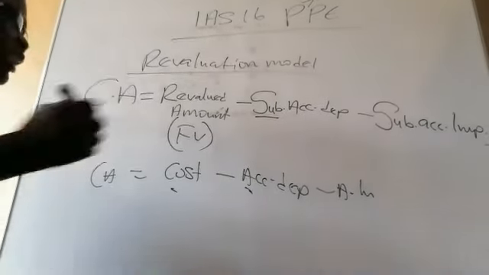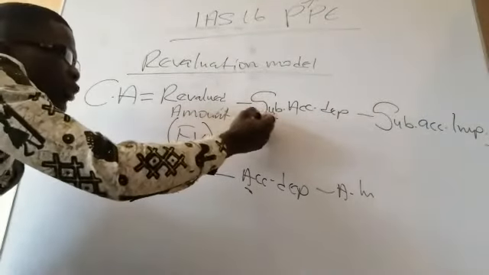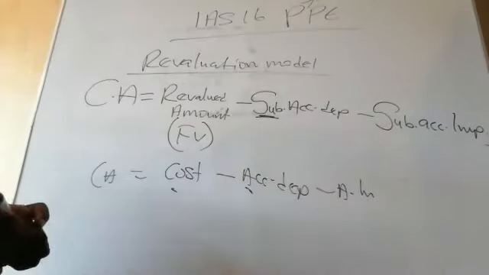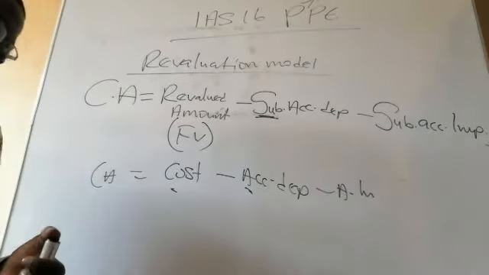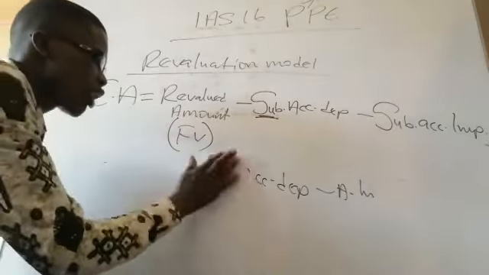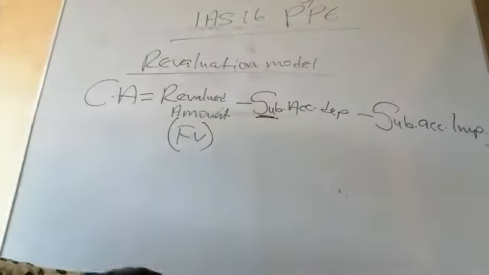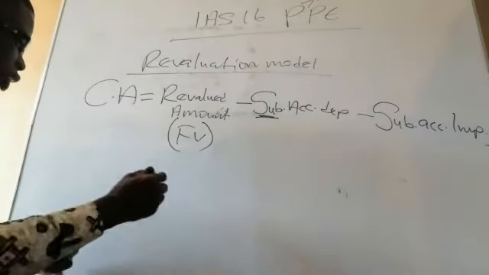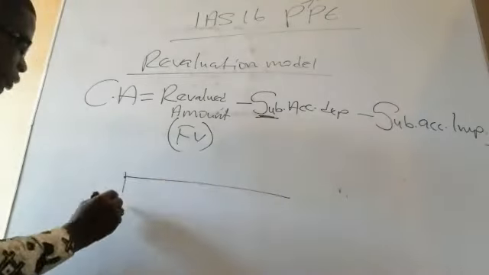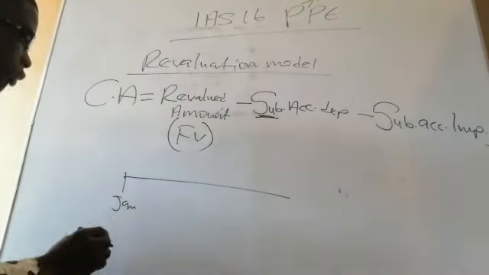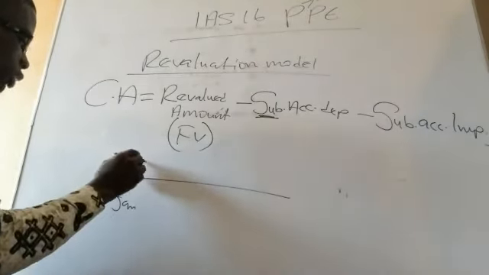Now the subsequent accumulated depreciation, the word subsequent is in because we assume that if you do the valuation, all the past details of the asset vanish from the book. So you bought the asset here, January 2010.